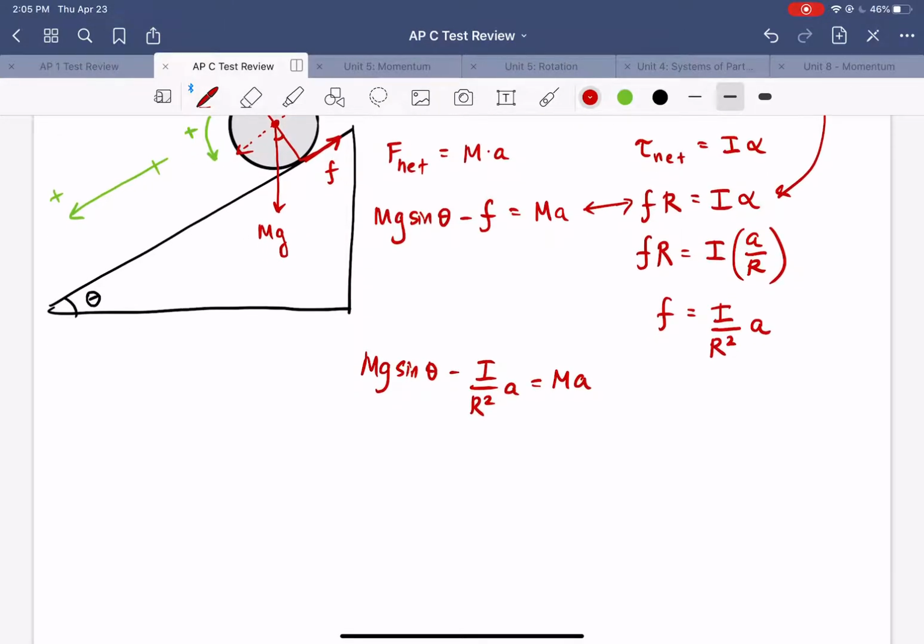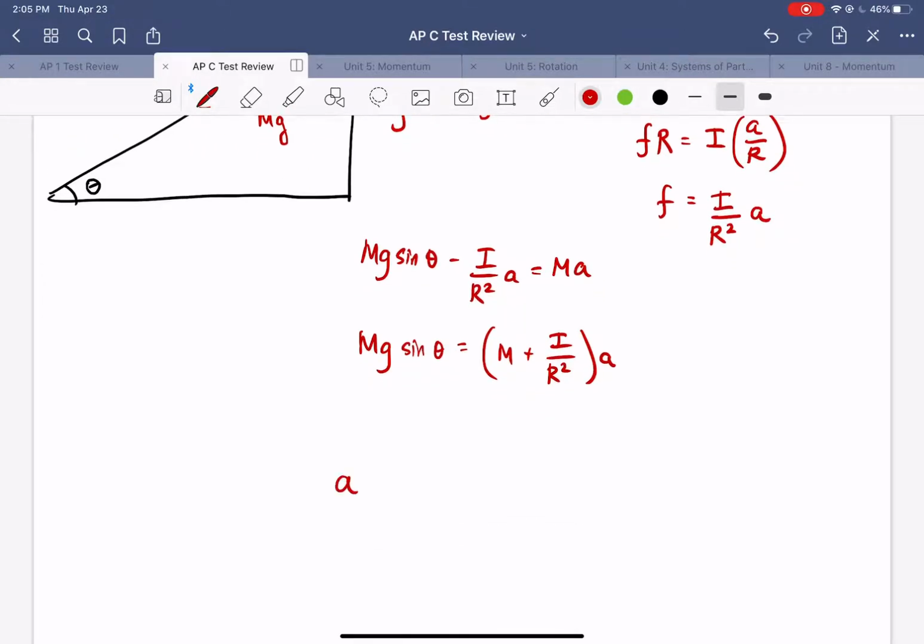Since I want to solve for the acceleration, I will move the middle term over to the right-hand side, and I can factor out the a while I'm at it. So I get acceleration equal to mg sine theta over m plus I over R squared, or if I divide the top and bottom by mass.